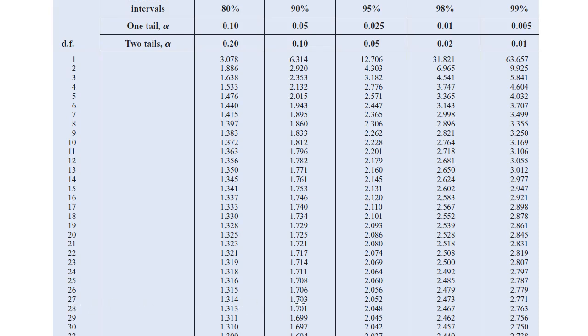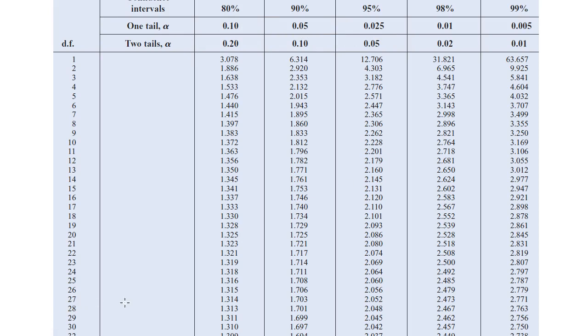If you notice, these t values are for specific alpha values, right? And a table would look crazy if we had a t value for every single alpha value, which is possible, but messy.